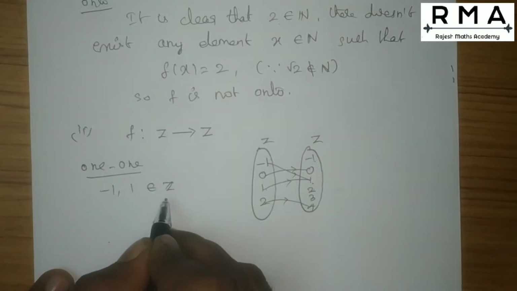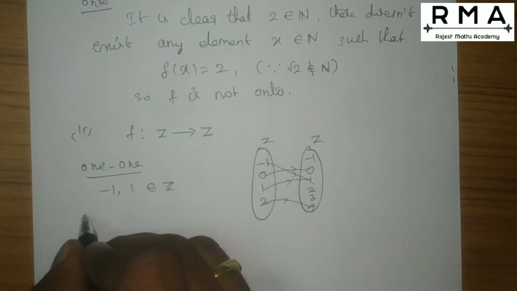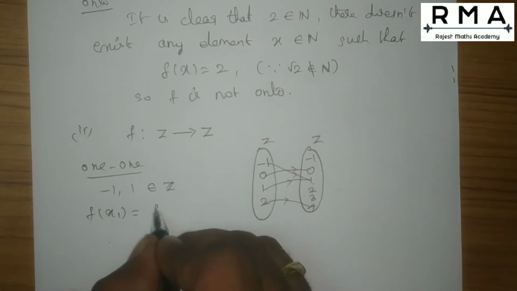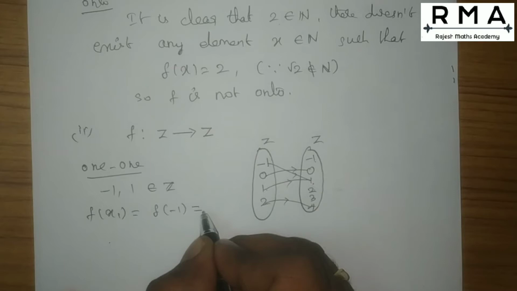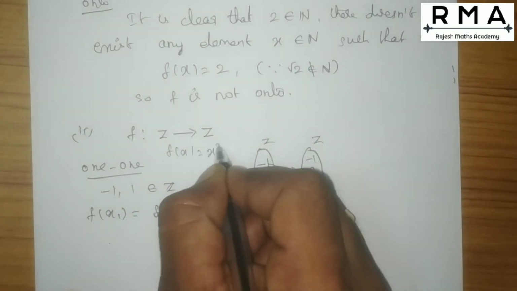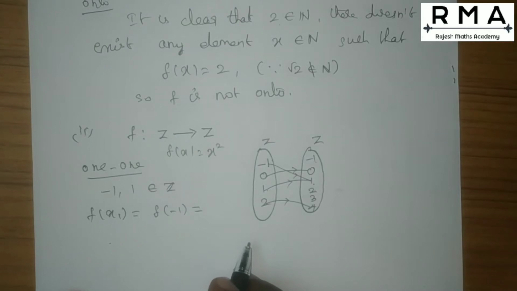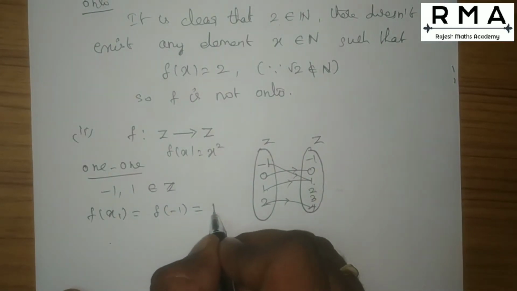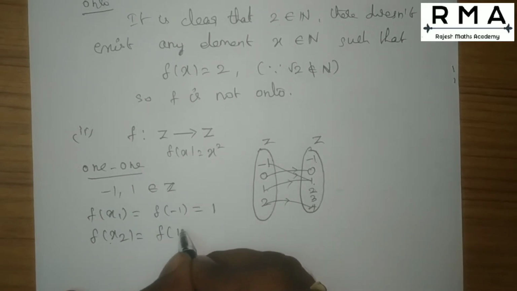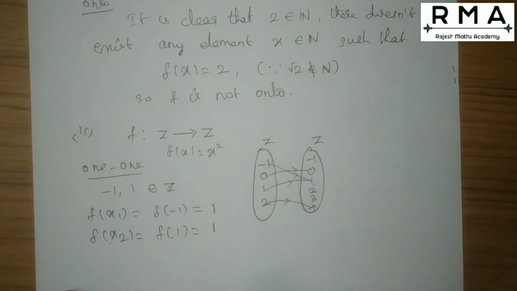Here f of x1 is f of -1. The given function is the same as in the previous question, f of x equals x square. So f of -1 equals (-1) square, which is plus 1. Similarly, f of x2 is f of 1, which is also equal to 1.